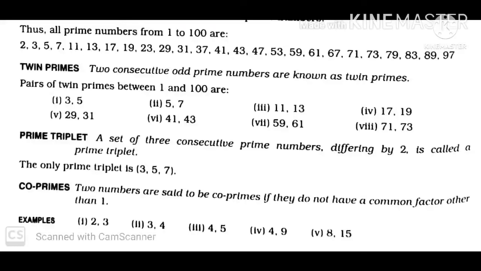Next is co-prime number. What are co-prime number? Two numbers are said to be co-prime if they do not have a common factor other than 1. For example, 2 and 3, they have only 1 as a common factor. 3 and 4, they have only 1 as a common factor.